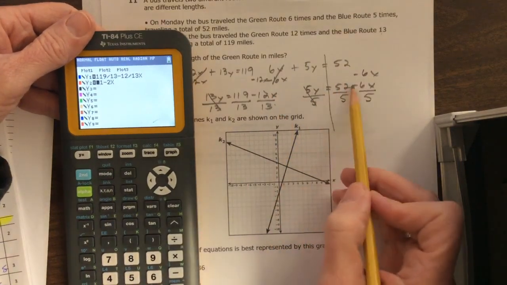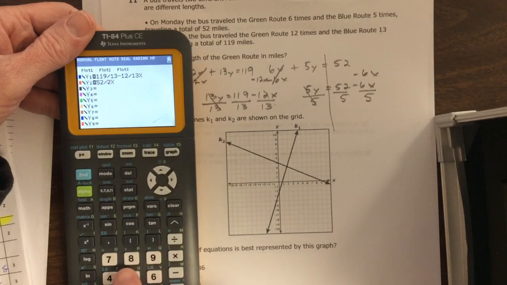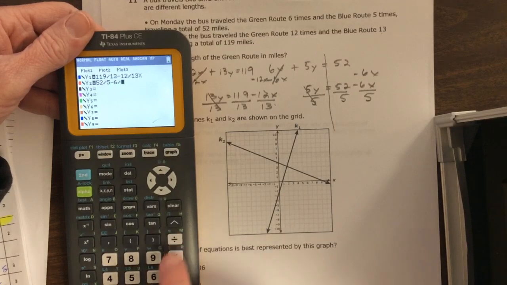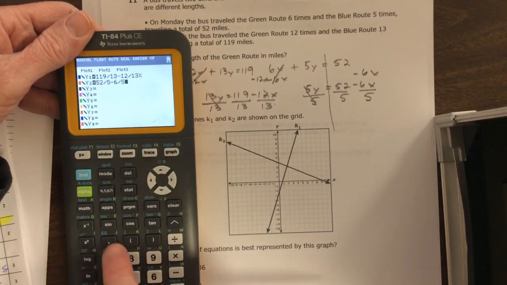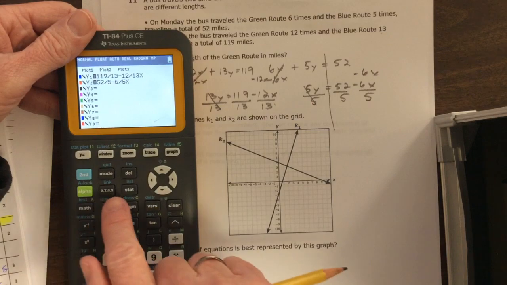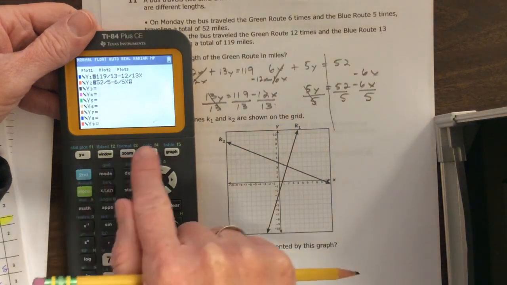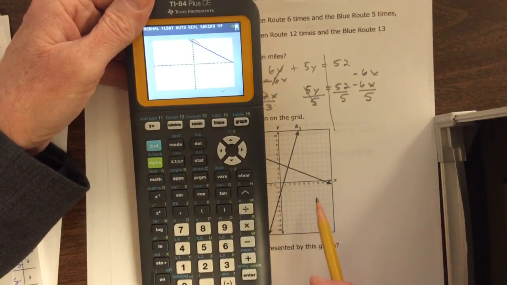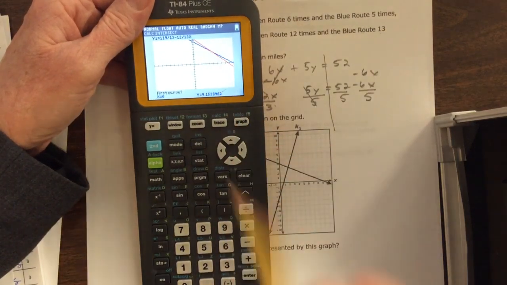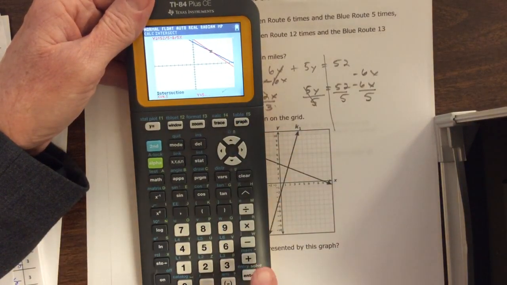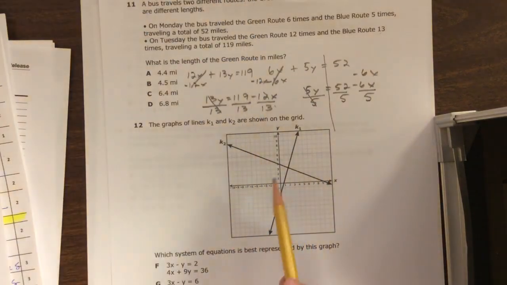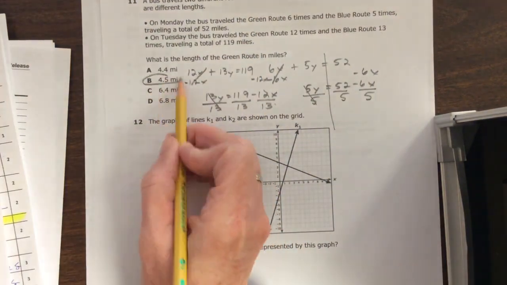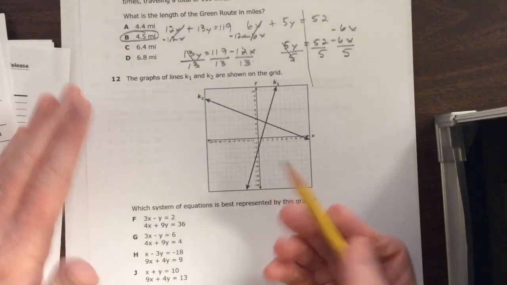Enter, and then on this side I have 52 divided by 5 minus 6 divided by 5x. I'm going to hit second, trace, 5. And our intersect is on here too, so that's awesome. And it looks like x should be 4.5, which is B. Wonderful. Here we go. Here's another one.